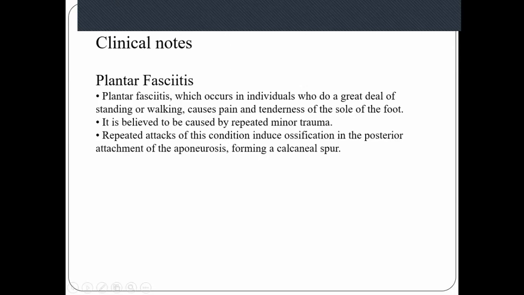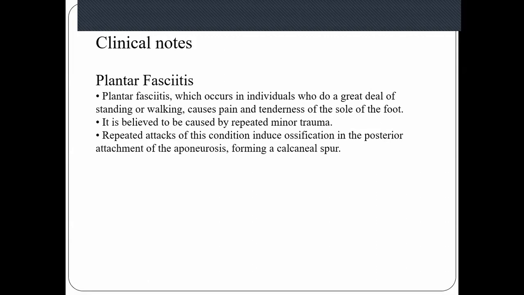And there are some other things like the changes of the attachment shapes of the joints. You will also have another separate lecture on joints of the lower limb, in which the joints of the foot will also be discussed.